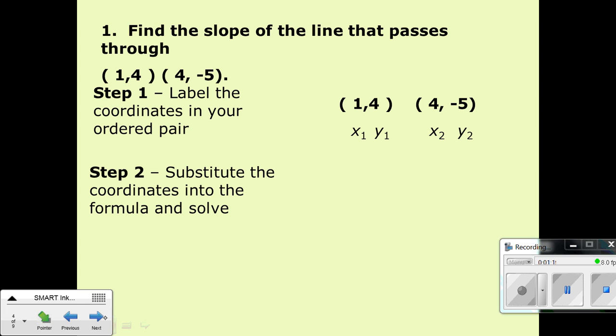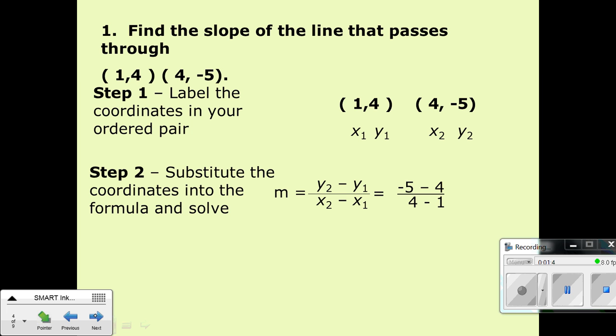Step 2 is to substitute the coordinates into the formula and solve. We have our formula, and we're going to substitute the correct numbers into the correct place in the formula. And then you should have this: -5 minus 4 over 4 minus 1.